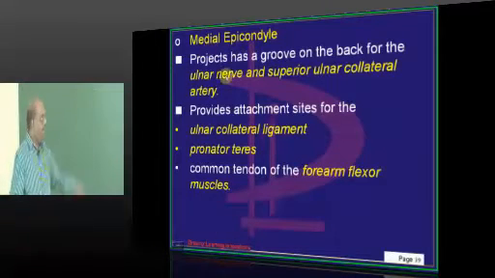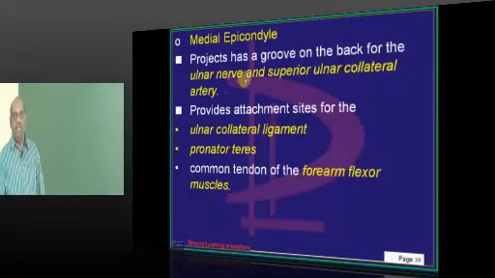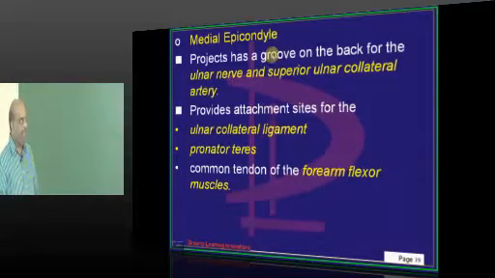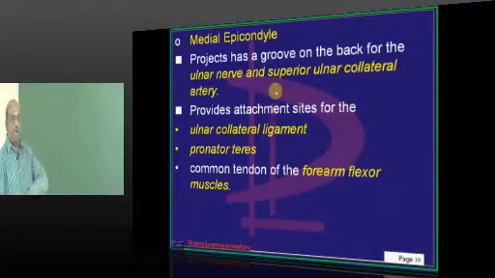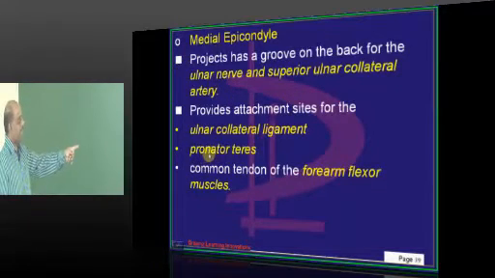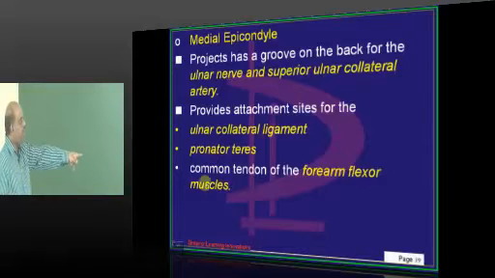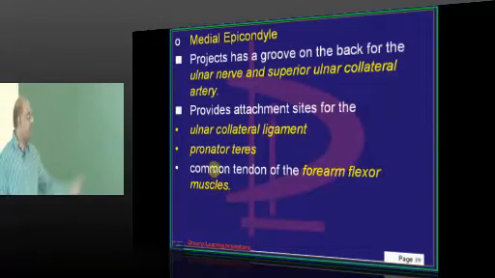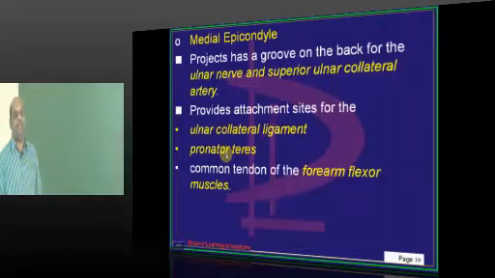Then medial epicondyle, it has got a groove through which the ulnar nerve will be passing, and also ulnar collateral artery will be passing, and it is the one which gives attachment to all the forearm flexors. In addition to that, the pronator teres and ulnar collateral ligament.